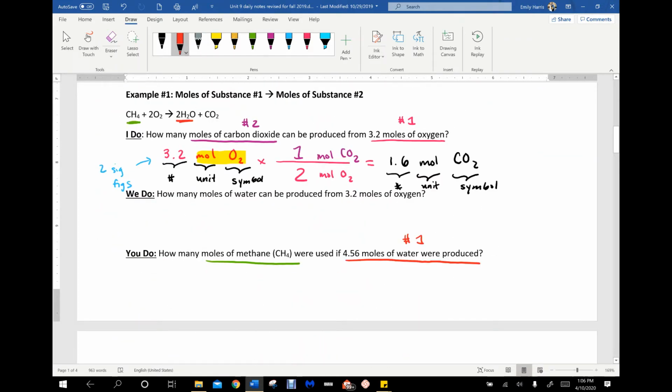So if we go down, we'll start our setup by writing exactly what we're given. 4.56 moles of H2O. This is a one-step problem. I take my starting unit, moles of water, and copy it to the bottom of the next fraction. I take my ending unit, moles of methane, and copy it on top.